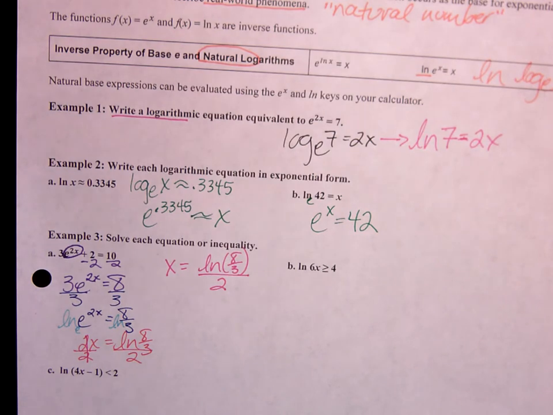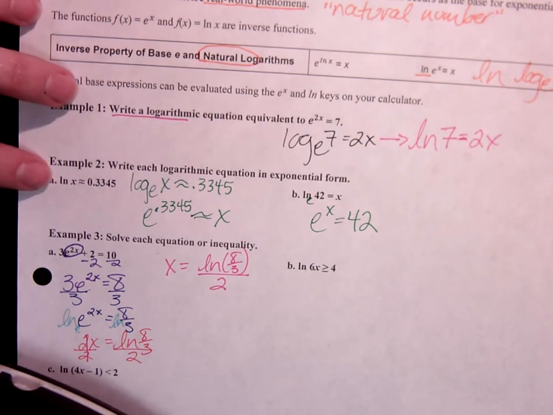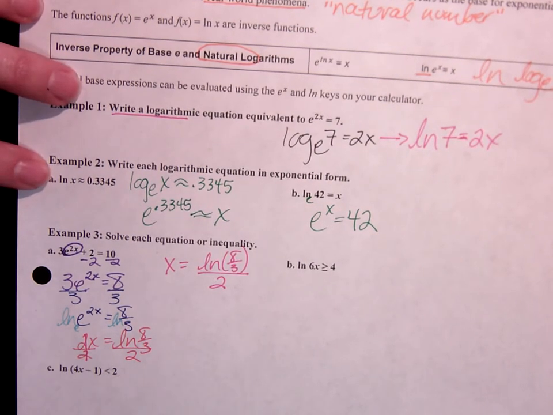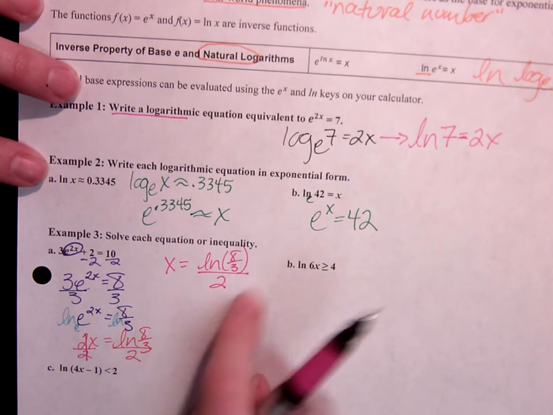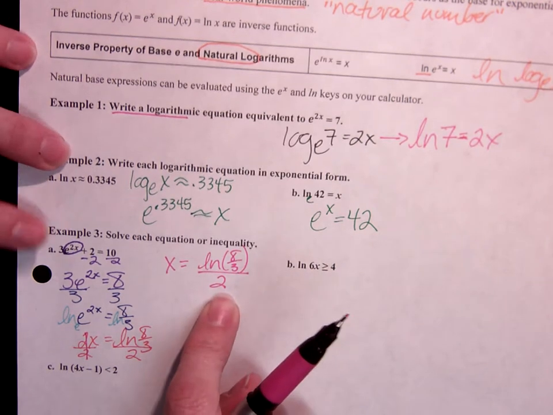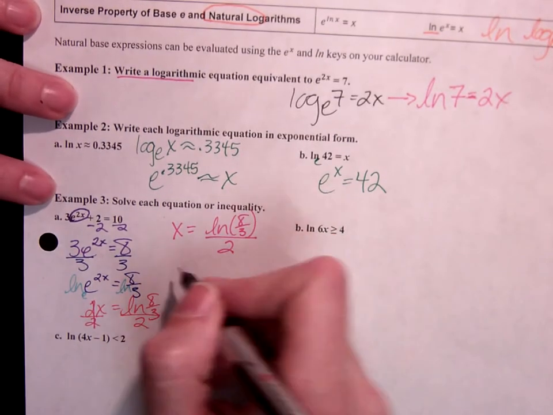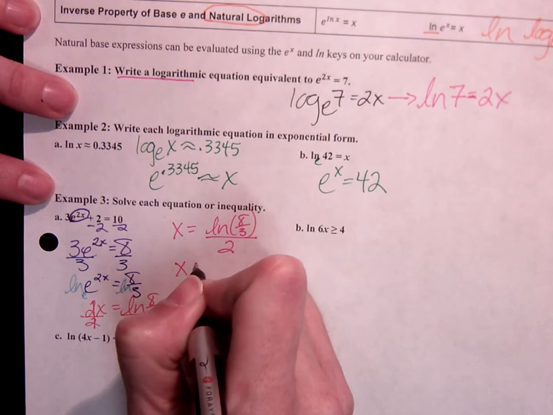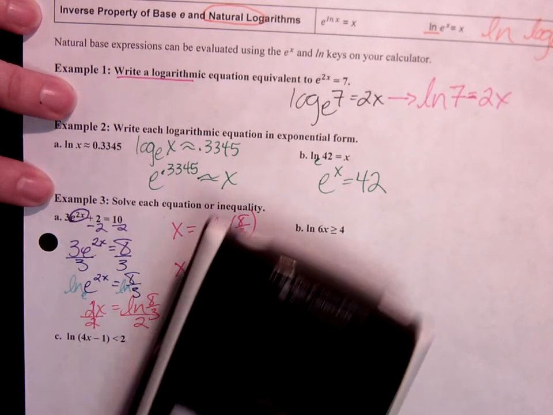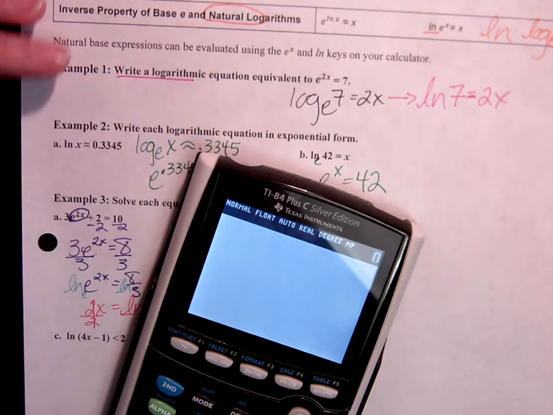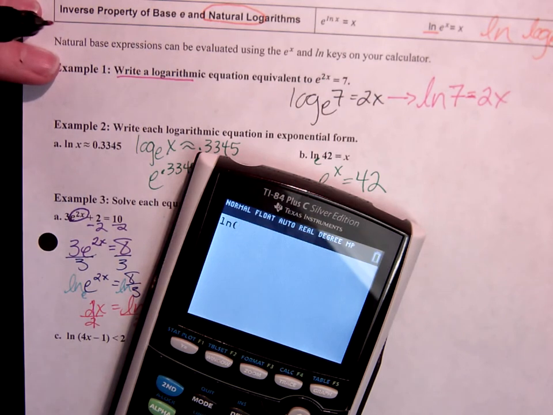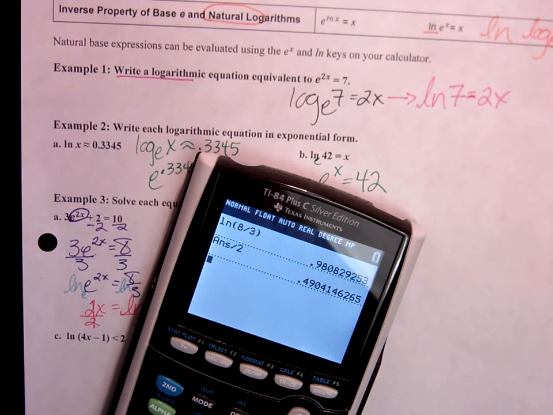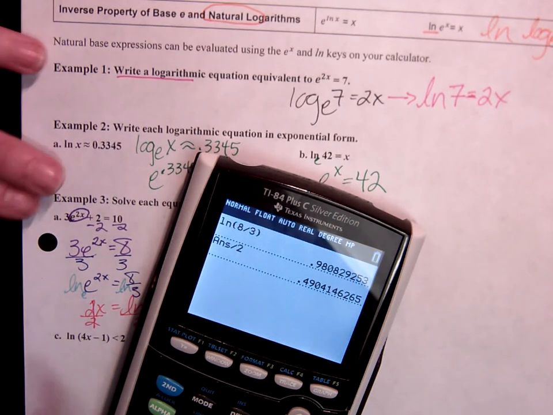E is irrational, 8/3 is irrational, and when I divide all that by 2, it's not going to get any better. But I want to go ahead and get some kind of approximation. X approximately equals natural log of 8/3 divided by 2, 0.4904.